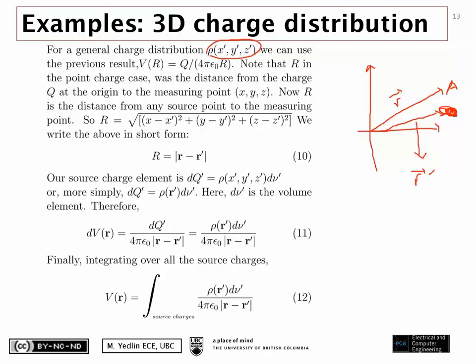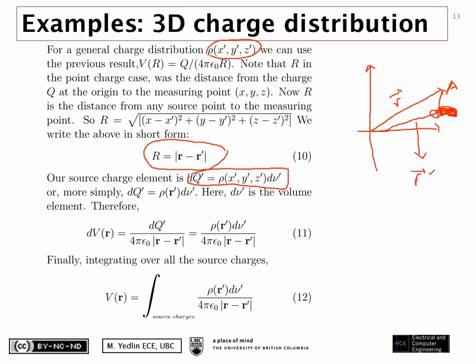So it's the distance from the charge distribution to the measuring point A, and that's what we see here. So r now is exactly the Pythagorean distance from a little blob of charge to the measuring point at A. And we notice that this blob is going to be some charge density times the volume element, dV prime.